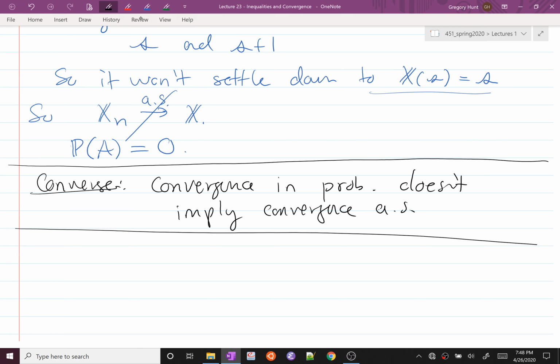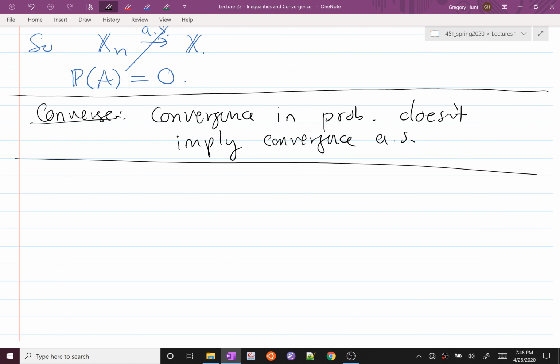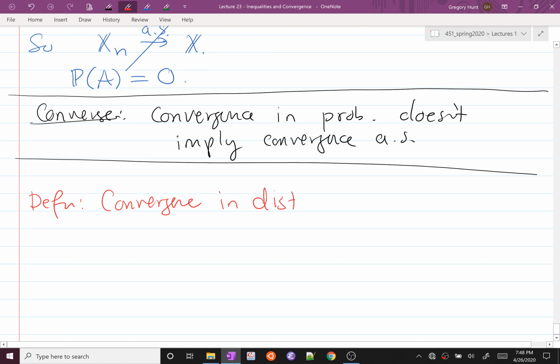Okay. So the last kind of convergence that we're going to define today is going to be convergence in distribution. There are three main modes of convergence, and the last one is convergence in distribution.